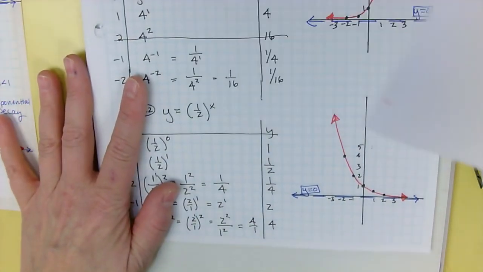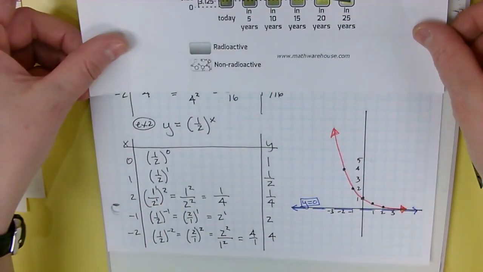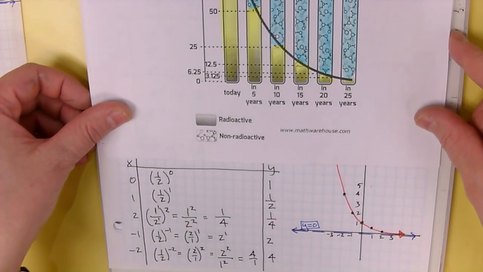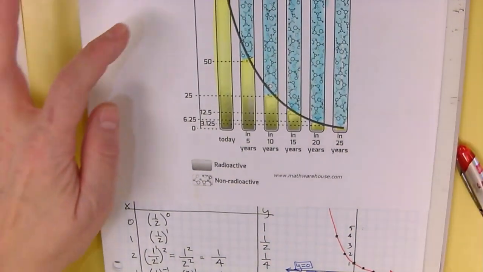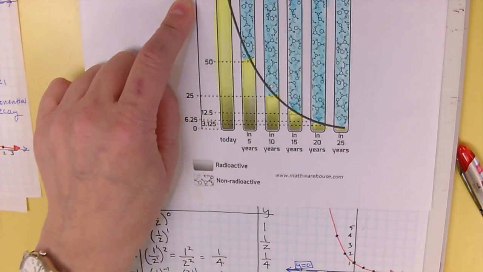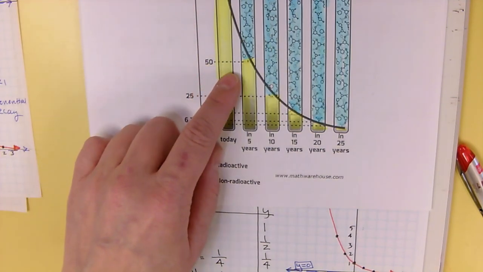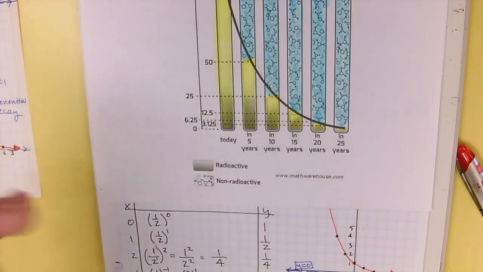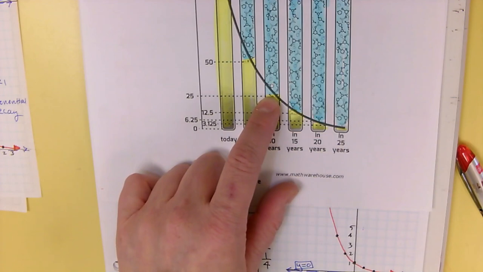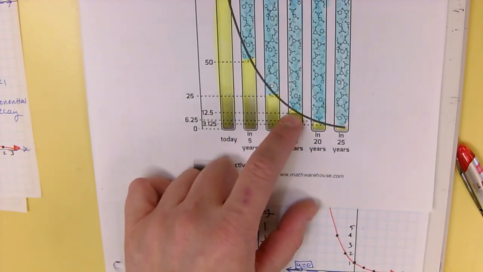Decay curves don't occur in nature as often as growth curves, but since you guys are from the Tri-Cities, we all know about radioactive decay. So if something has a half-life, let's say you start with 100 atoms, and it has a half-life of 5 years, after 5 years you have half as much. In another 5 years, you have half as much. In another 5 years, you have half as much.